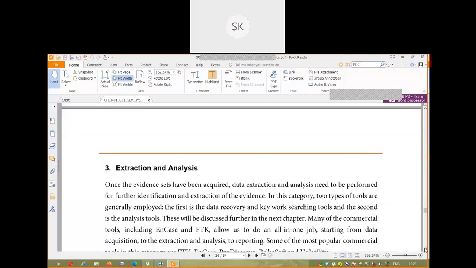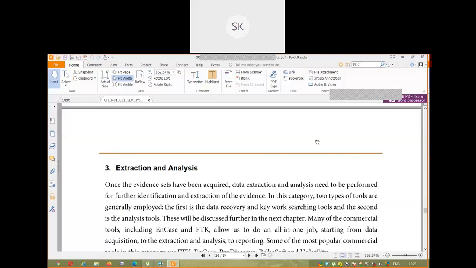How many of you do not agree? Write in the chat box. I'm waiting. I'm telling you, you cannot delete anything from computers or mobile phones or any electronic device. I'm repeating, you cannot delete anything from a digital device like a computer, mobile phone, or any other device.